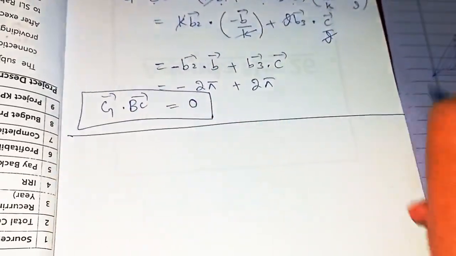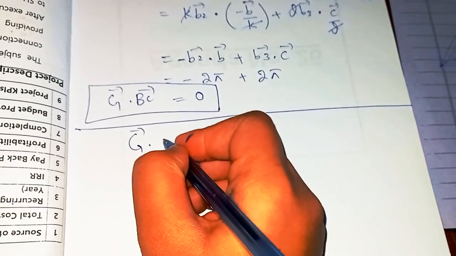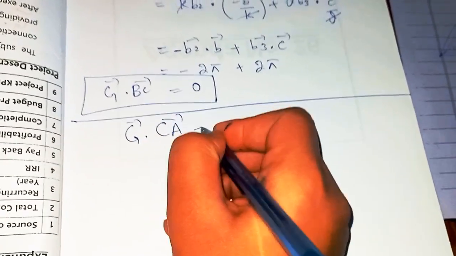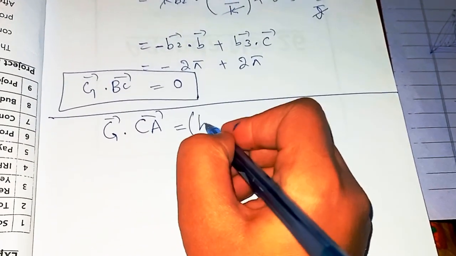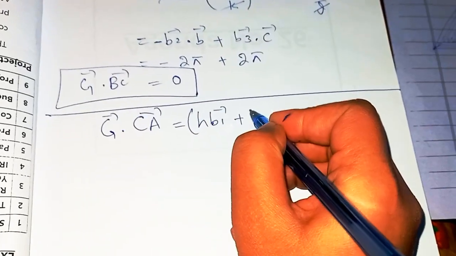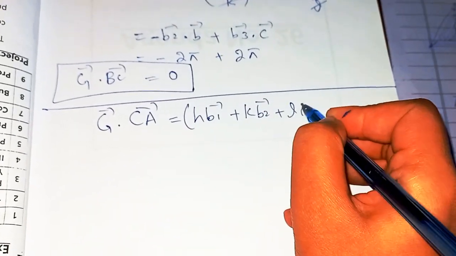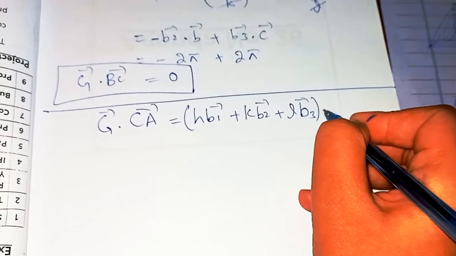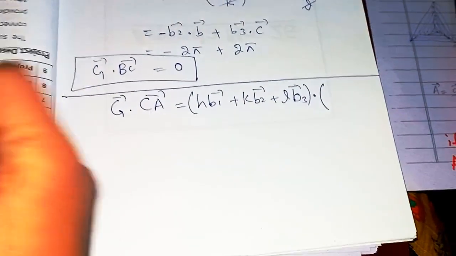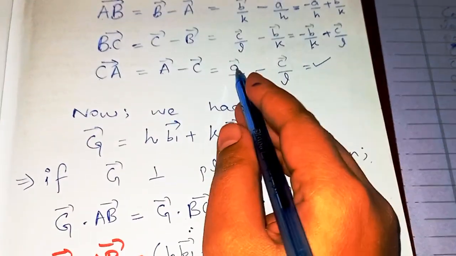Let's calculate the last one, which is g dot ca. Alright, and g is again h b1 vector plus k b2 vector plus l b3 vector, dot the ca vector. What is the ca vector? It's a by h minus c by l.